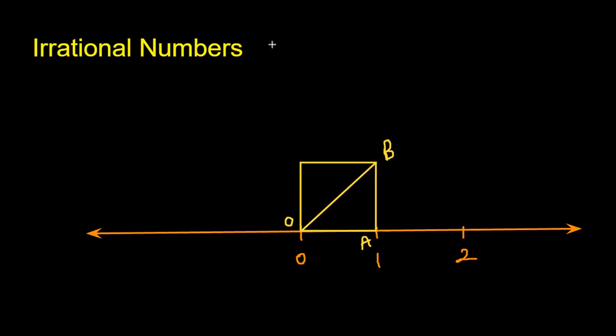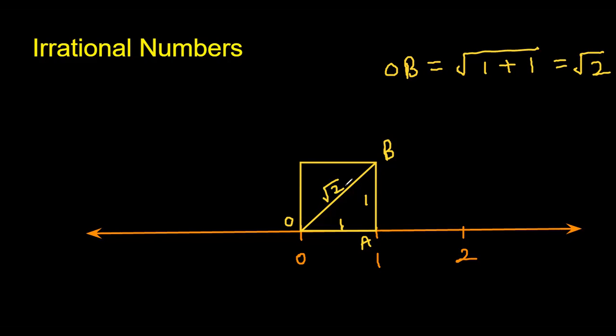We can easily find it using the Pythagoras theorem. If this is 1, this is 1, we can say OB is equal to the square root of 1 square plus 1 square. 1 plus 1, that is square root of 2. That means OB is equal to square root of 2.